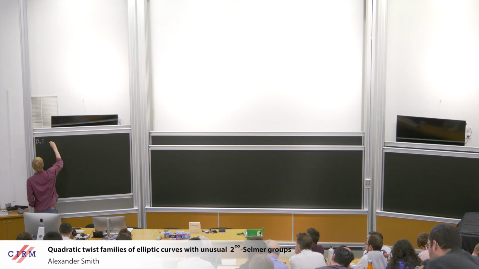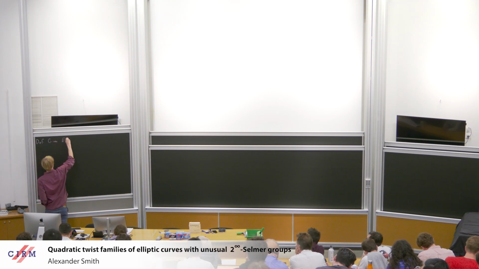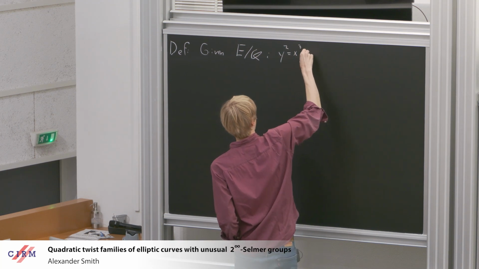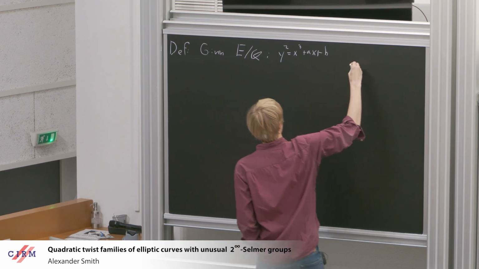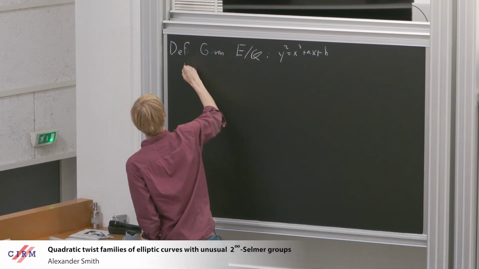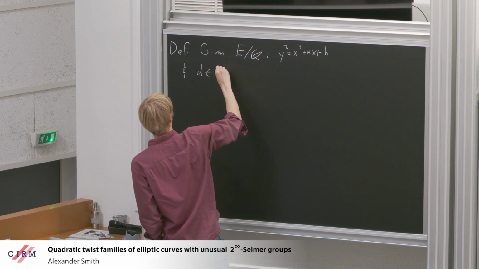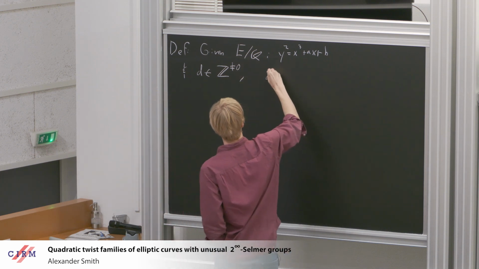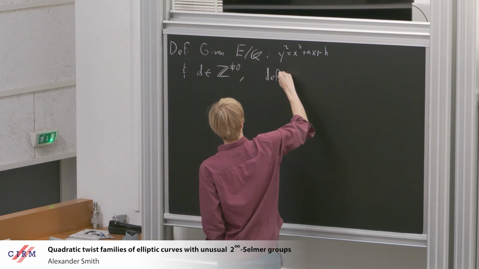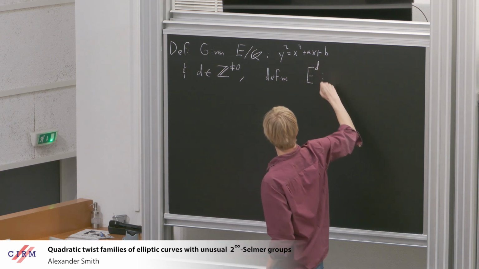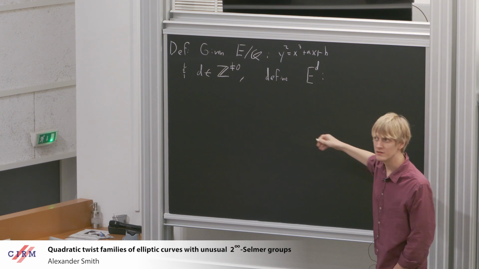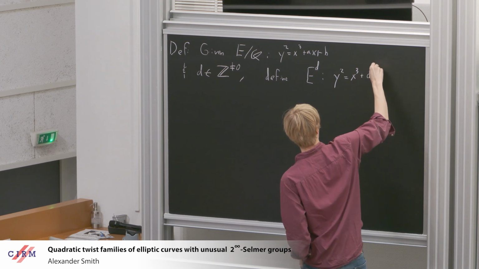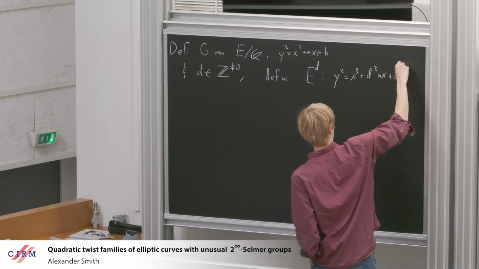So given an elliptic curve E over the rationals with Weierstrass form y squared equals x cubed plus ax plus b, and given a non-zero integer d, we're going to define E_D to just be the quadratic twist of E corresponding to D. So this is the elliptic curve whose Weierstrass form is y squared equals x cubed plus d squared ax plus d cubed b.